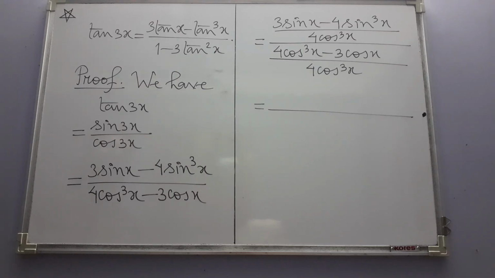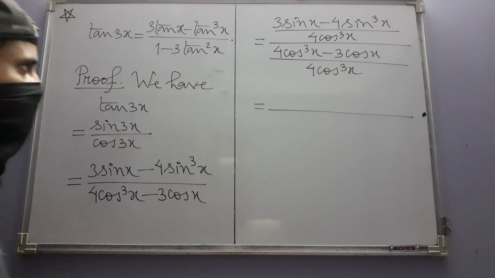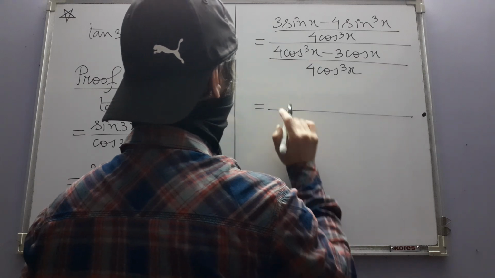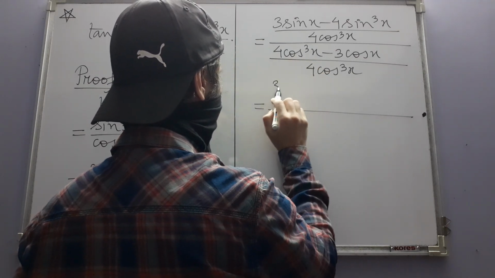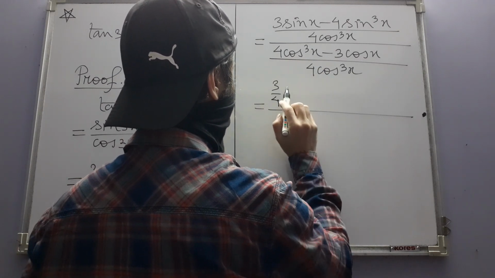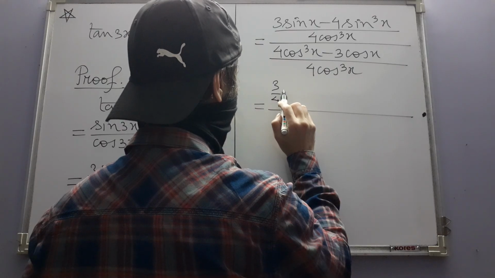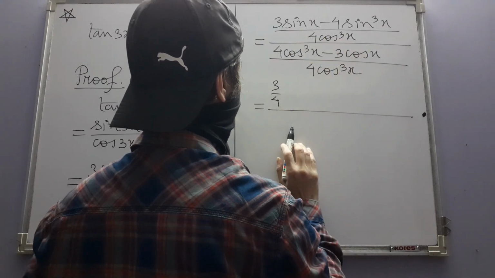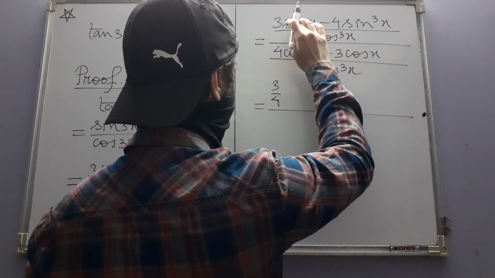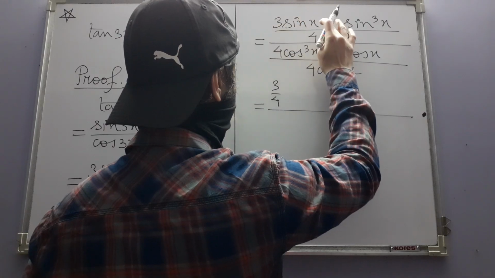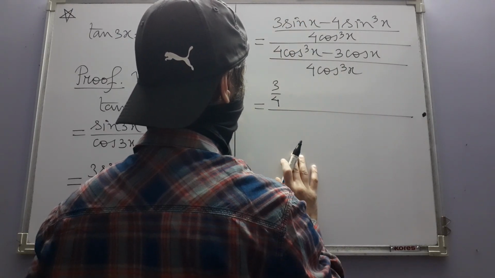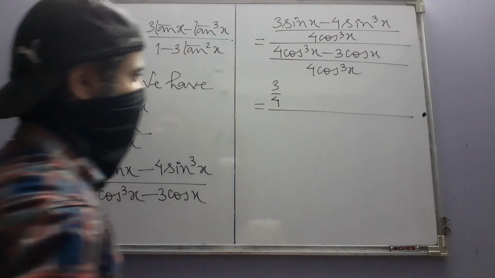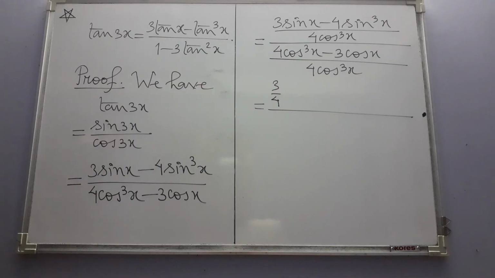No, I don't think this approach will immediately give us what we want. I am already seeing some problems, because if we now try to simplify the thing, you will have 3 sin x divided by 4 cos cube x. So you have 3 over 4 in this term.